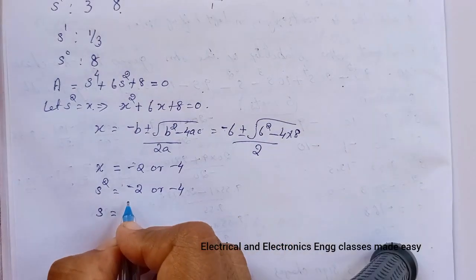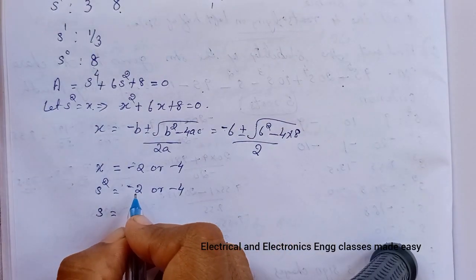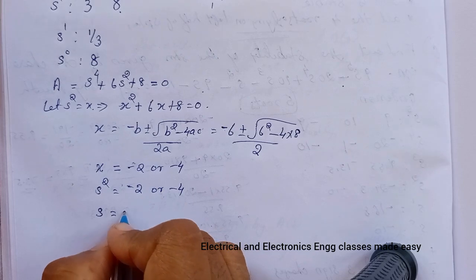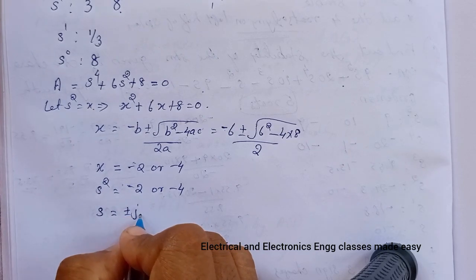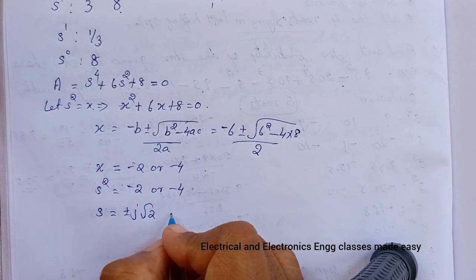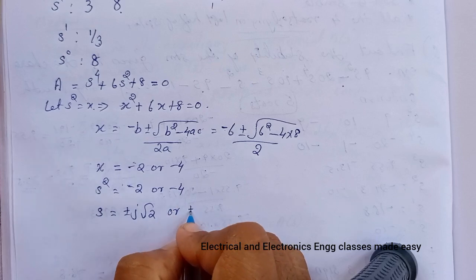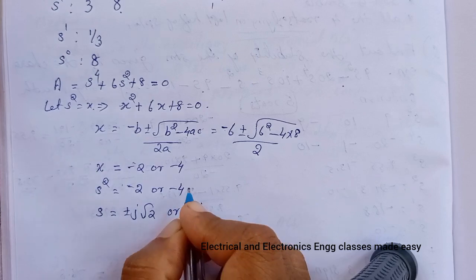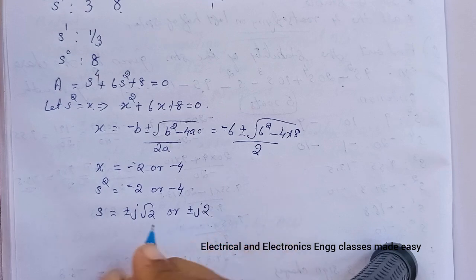That is, plus or minus root minus 2 means we can write plus or minus j root 2, because root of minus 1 is j. So here we get plus or minus j root 4, that is 2.